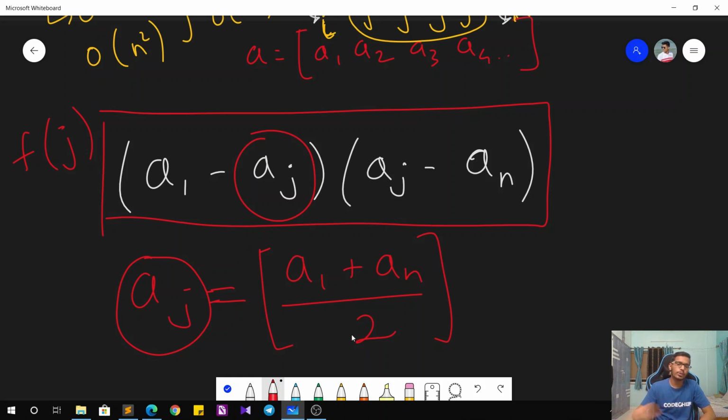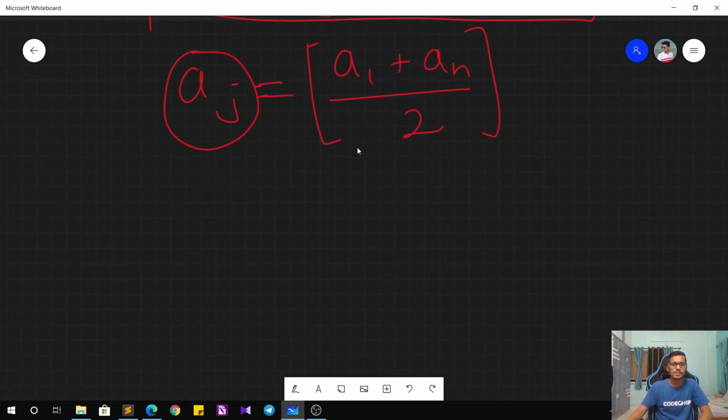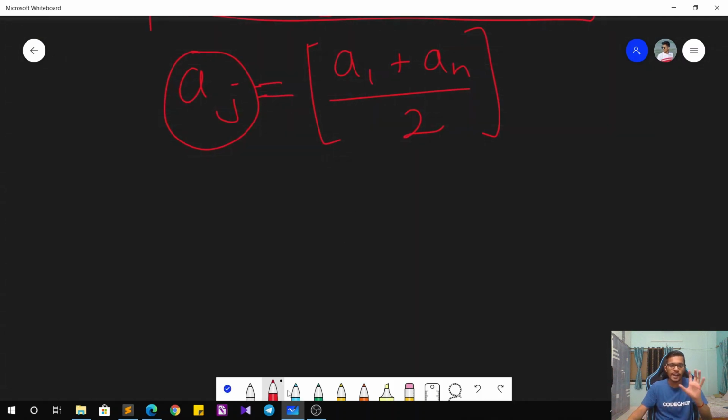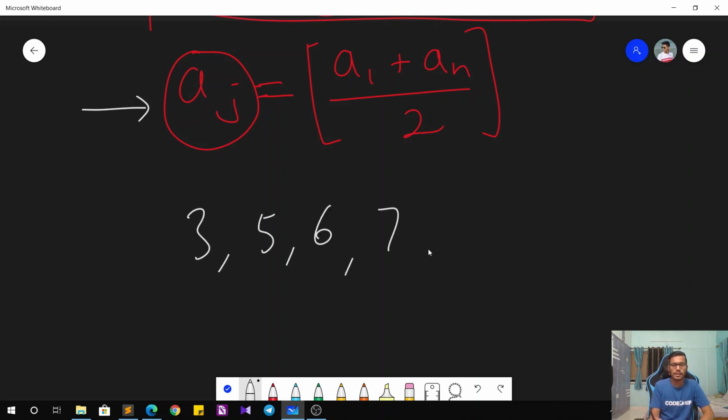So we can find some neighboring values in this range. We know the most ideal answer would have been at aj equal to this, but instead we find neighboring values in our array. Let's say our array was something like 3, 5, 6, 7, and so on, with some elements before and some after. For some value of a1 and an, this comes out to be, let's say, around 5.5.